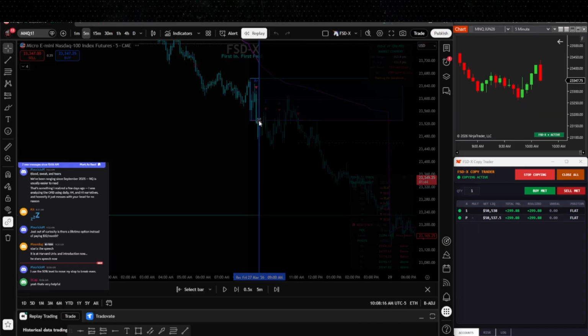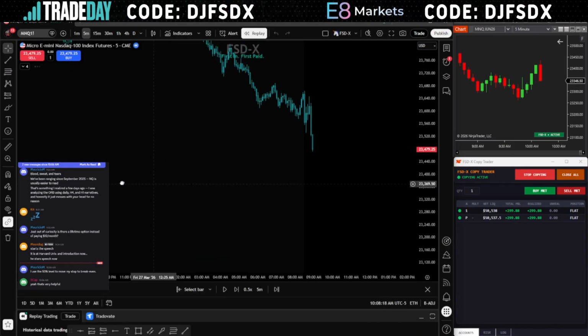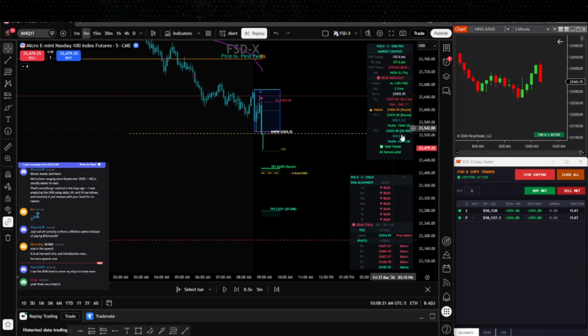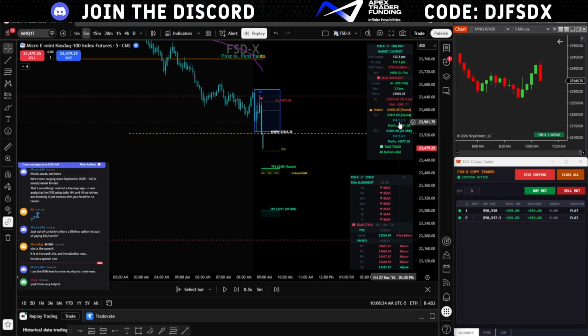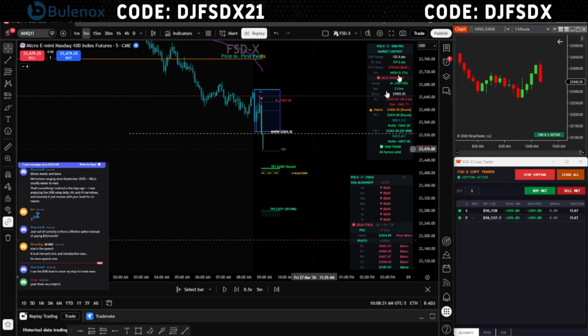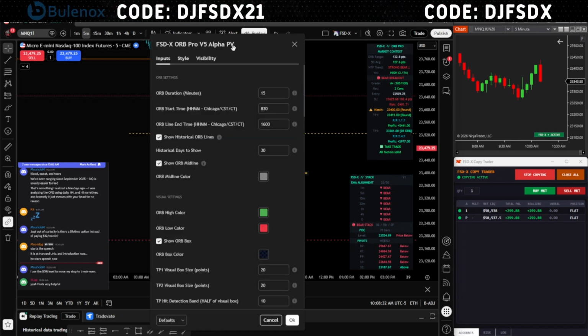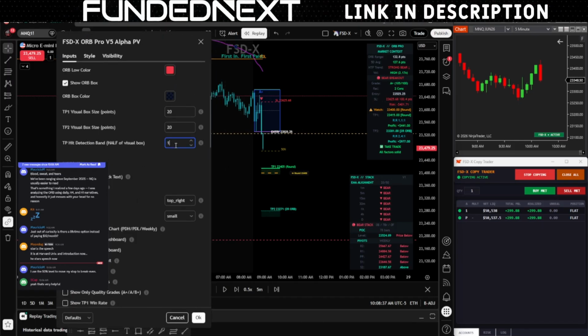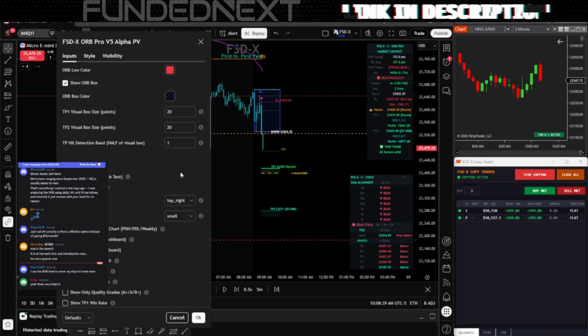So like the TP1 hit detection. You know how sometimes it'll say like 0.9 to 1. It's really close to the edge here, so if you do 1, it'll be the middle of the box.